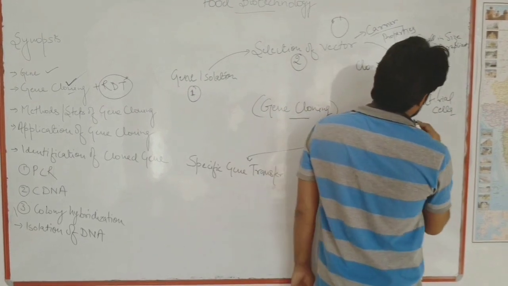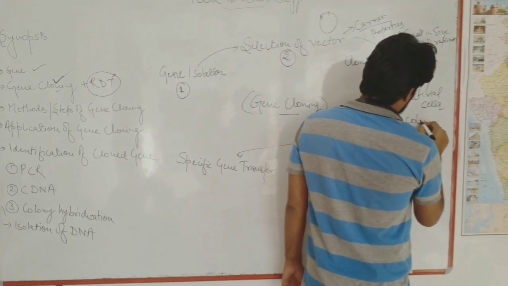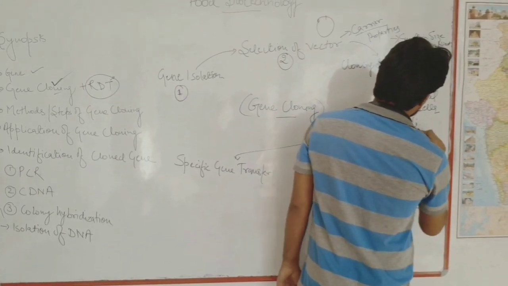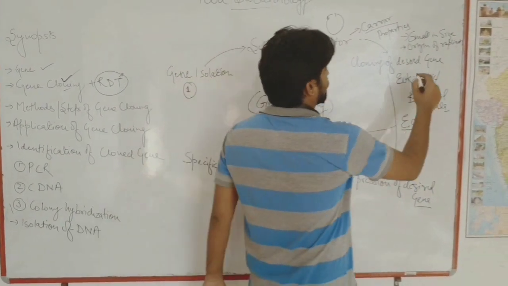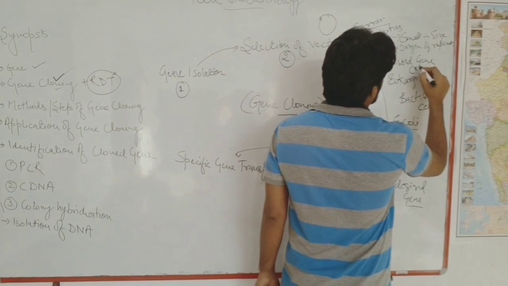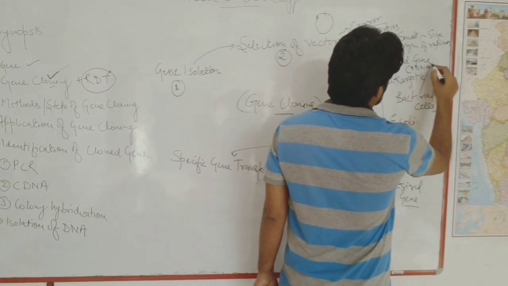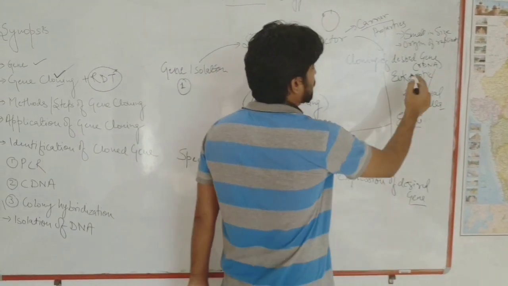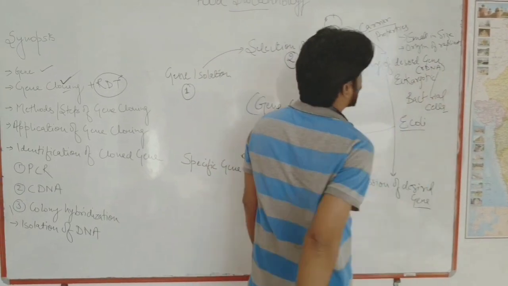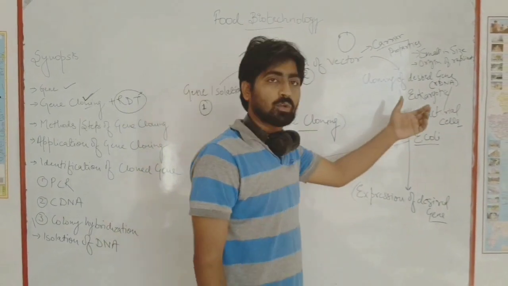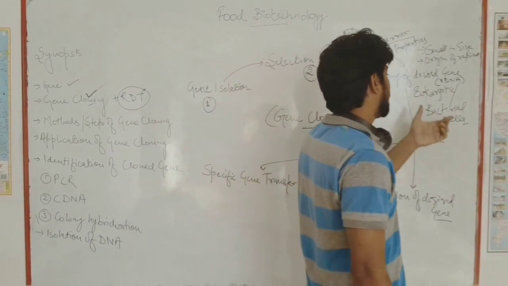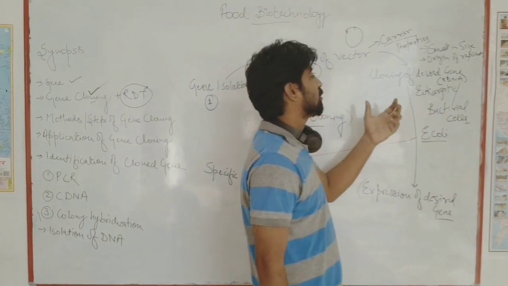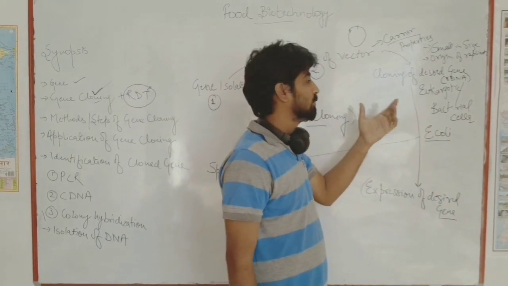Primarily or specifically we take E. coli as a medium for the replication or the cloning of the desired genes. This desired gene is a recombinant DNA. This is rDNA. So don't forget the last lecture what we have taken. So this is the rDNA molecule, and that rDNA molecule will be incorporated into the bacterial cell, and in the bacterial cell the replication process or the cloning of the desired genes will be taken up.